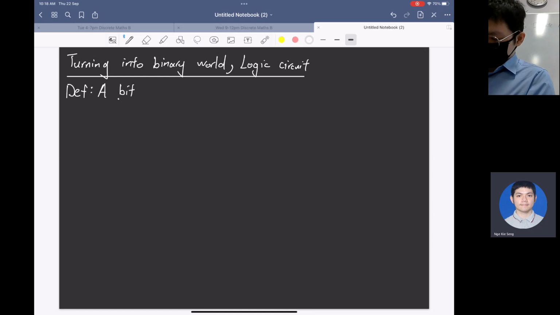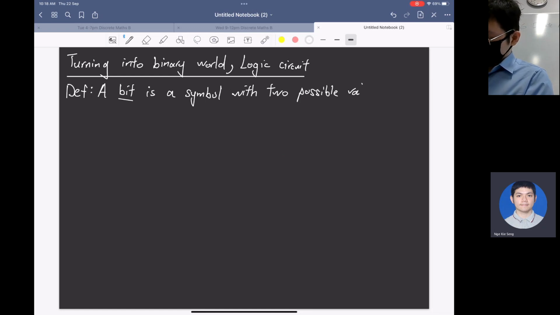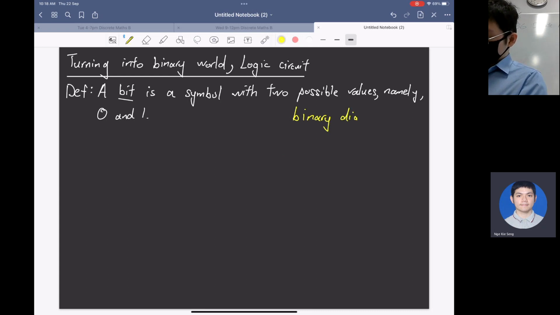A bit is a symbol with two possible values, namely 0 and 1. We get the word bit from binary digit.